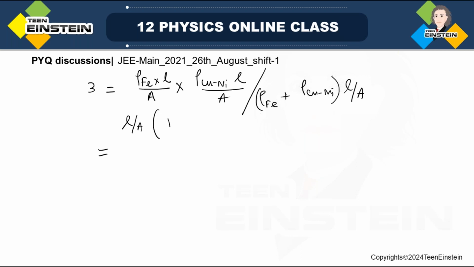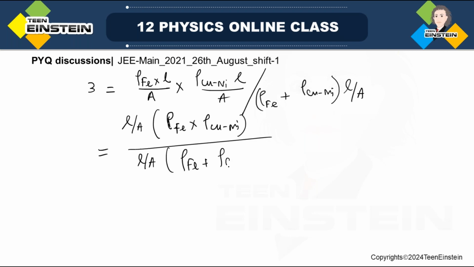Here then I will get rho Fe into rho copper nickel alloy. Here it is L by A into this. This will be having plus sign, right? So this will cancel each other.